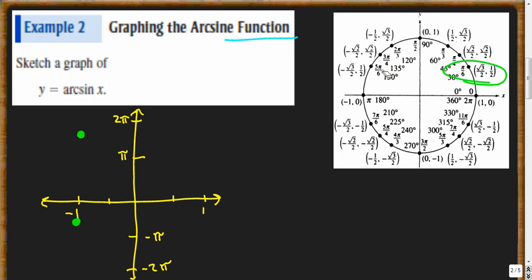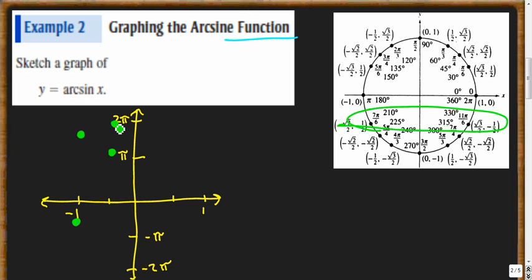Or excuse me, I'm looking at negative a half. I apologize. Sorry, guys. So we're looking at 7 pi over 6 and 11 pi over 6. So 7 pi over 6 is going to be a little bit above pi, and 11 pi over 6 is going to be a little bit under 2 pi.